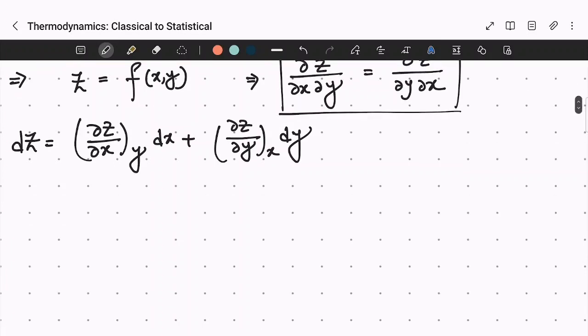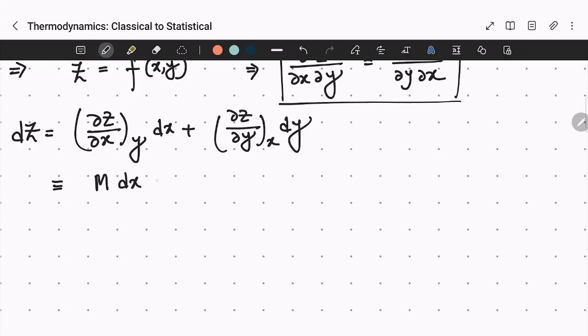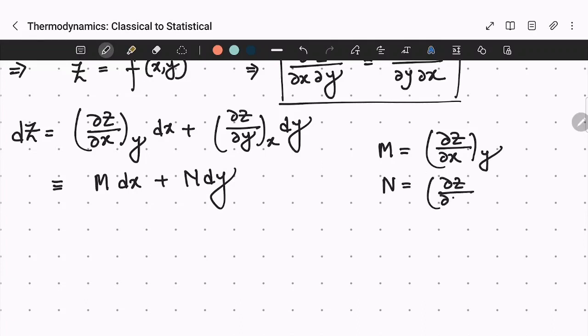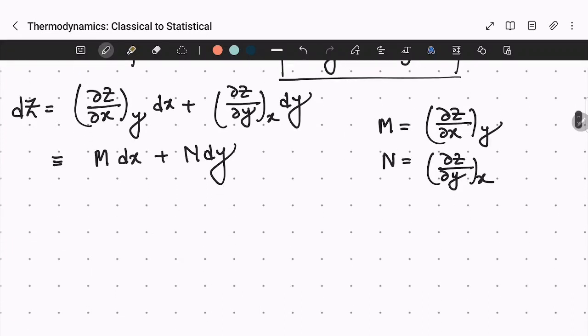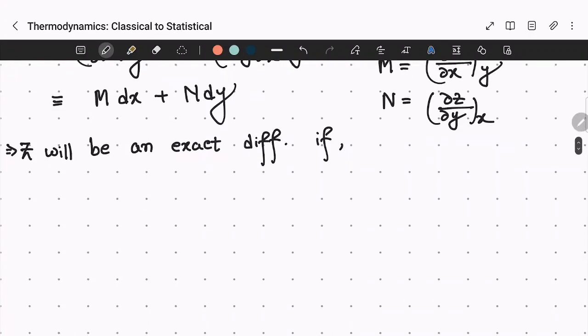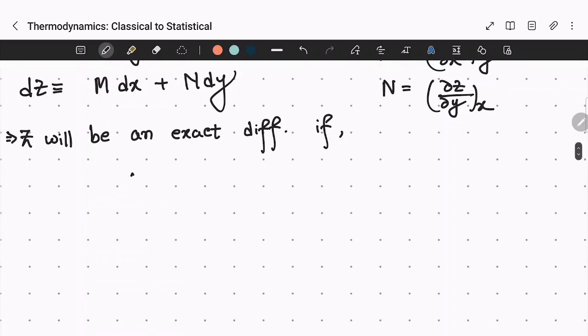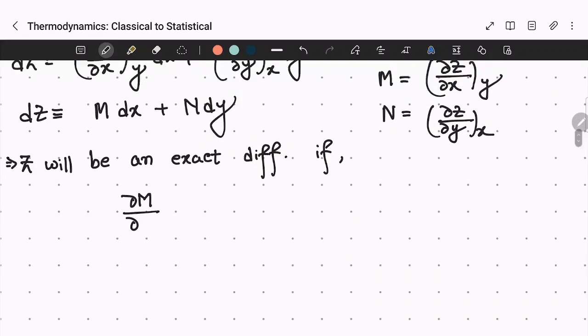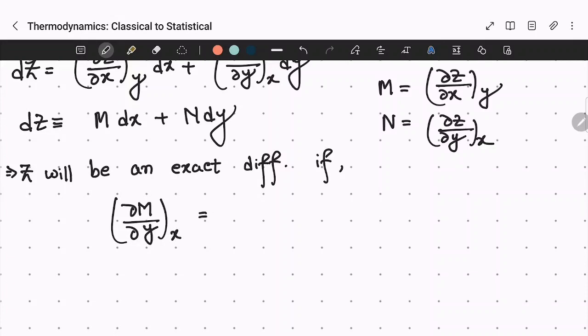So now you can write it like m dx plus n dy, where m is (del z/del x) at constant y and n is (del z/del y) at constant x. The condition for z to be an exact differential is stated like this: z will be an exact differential if, with dz equals m dx plus n dy, del m/del y at constant x equals del n/del x at constant y.